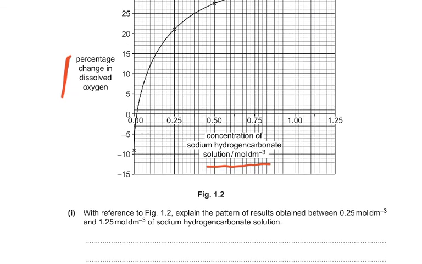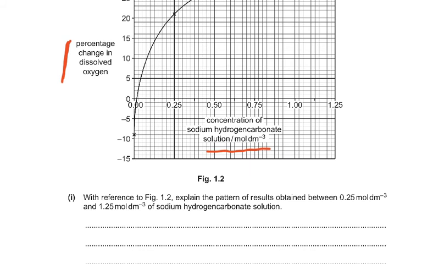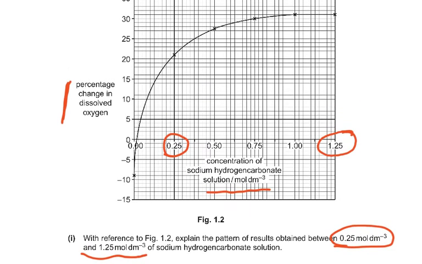Now it says, with reference to figure 1.2, explain the pattern of results obtained between 0.25 and 1.25 mol dm^-3. So here is the 0.5 mol dm^-3 and 1.25. So what we have to explain is this part of the graph. We have to see how the dissolved oxygen is increasing, and then it's plateauing.